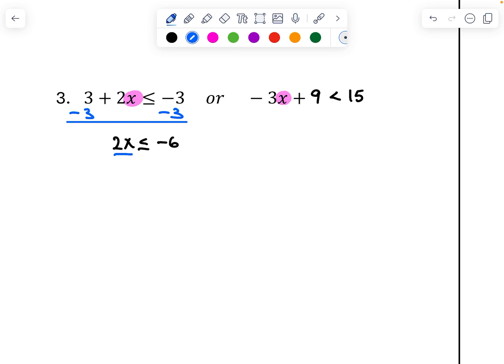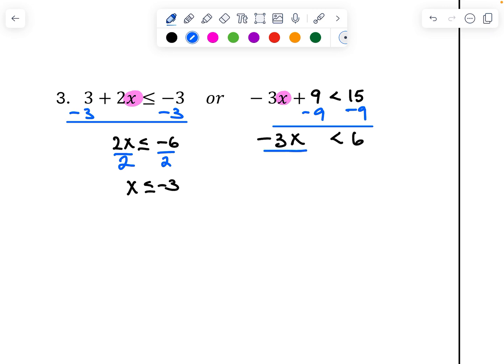Then I'm going to divide by 2. And that is going to give me x is less than or equal to negative 3. Then I'm going to do this one. So I'm going to subtract 9 from both sides. That's going to give me negative 3x is less than 6.